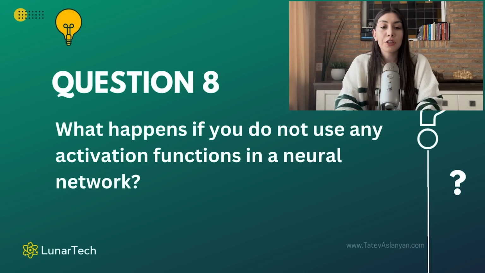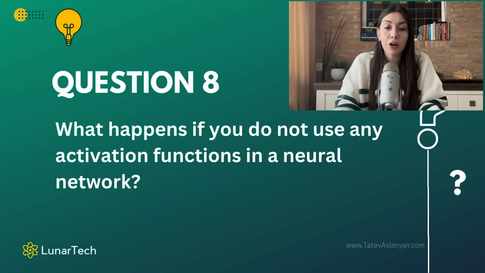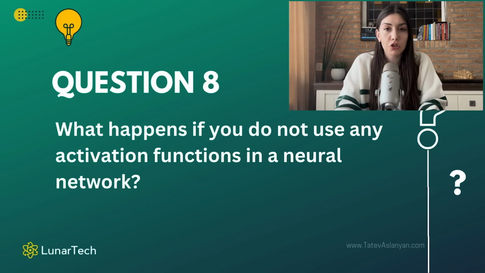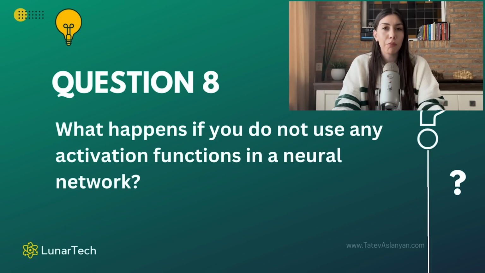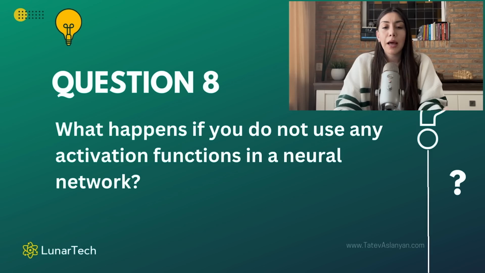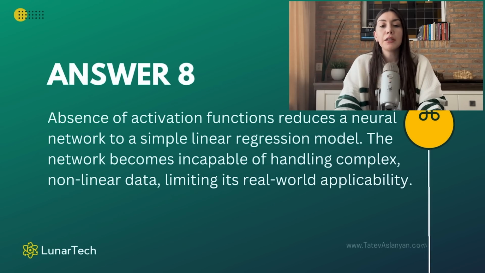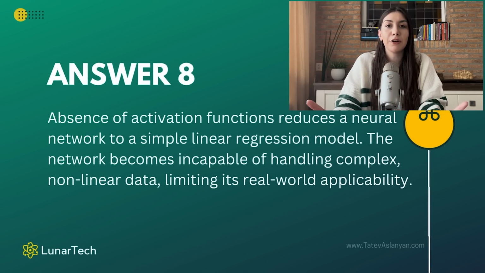So the next question is, what happens if you do not use any activation functions in a neural network? The answer for this question can be very short because it is quite obvious. The absence of activation functions will reduce the neural network to a common machine learning model like linear regression, something that removes the entire idea of using neural networks in the first place.